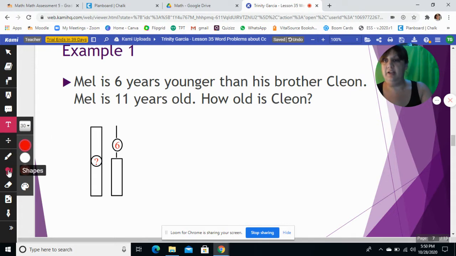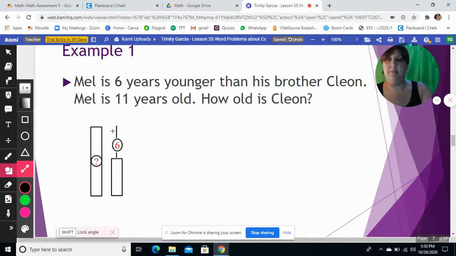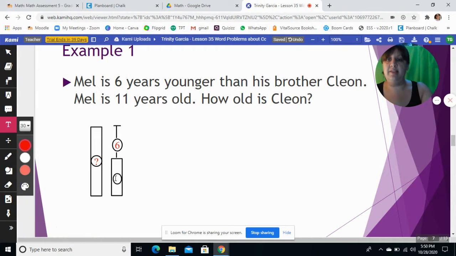I'm going to put a line here at the top just to make it look nice. This is the difference between Mel and Cleon, right? And we know that Mel is 11 years old. So we're going to put our circle here, and then we're going to put 11 inside the circle because we already know he's 11.